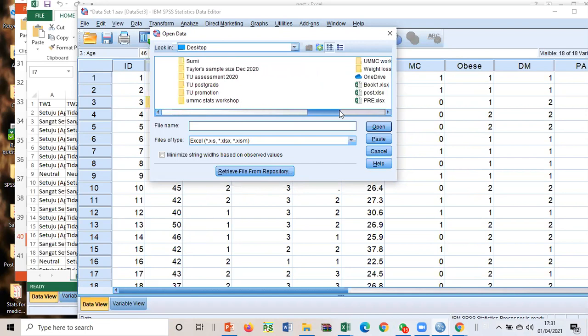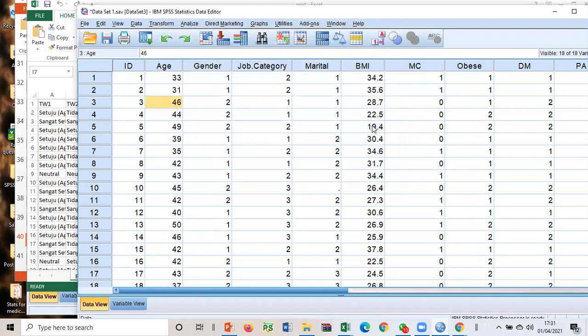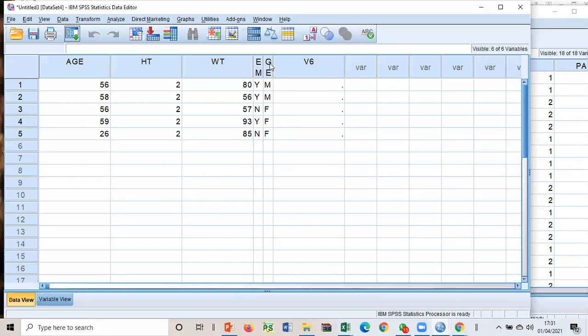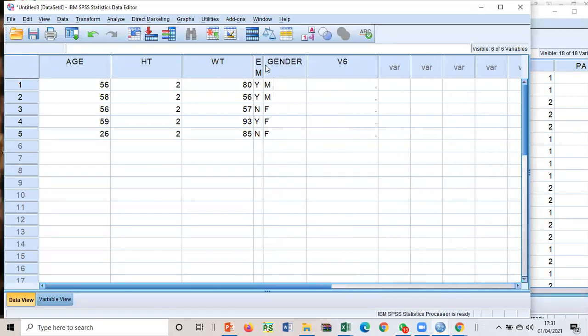That's my Book 1. Sometimes Book 1 could have several sheets, A, B, C, 1, 2, 3. Let's take the first one. So the data is already here.